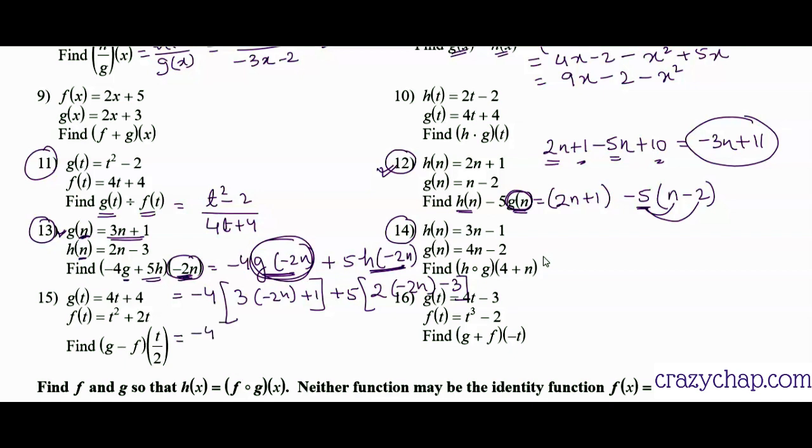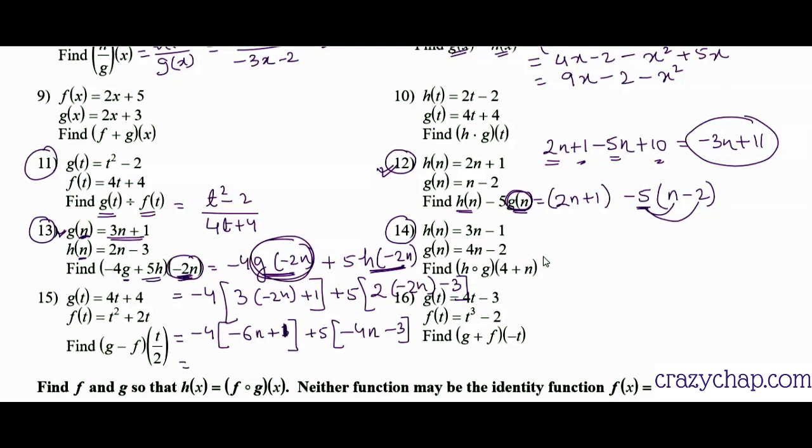Minus 4, and inside the bracket we have 3 times minus 2n, which will give us negative 6n, and plus 1, plus 5, and inside the bracket we have 2 times minus 2n, which will give you negative 4n and negative 3. Now we'll have to break the bracket.